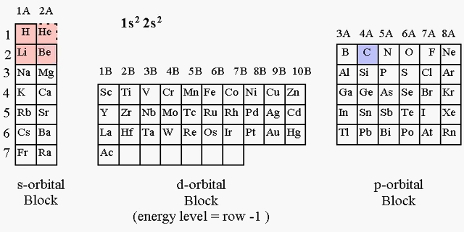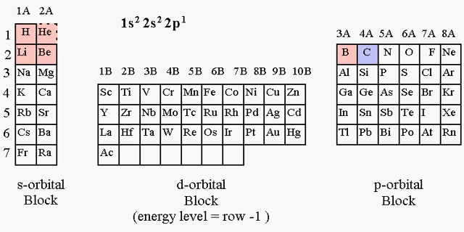So let's keep going. The next stop is beryllium. It's in the s orbital block, so its last electron is in an s orbital, and it's in a 2s orbital. So we've got another electron in a 2s orbital, so that means 2s2. The first 2s electron came from lithium, the next one came from beryllium. Let's keep going. Boron. Boron's in the p orbital block, so its last electron is in a p orbital.